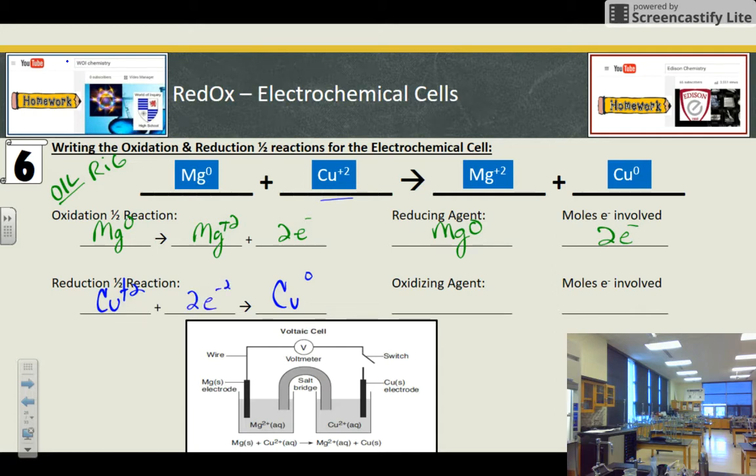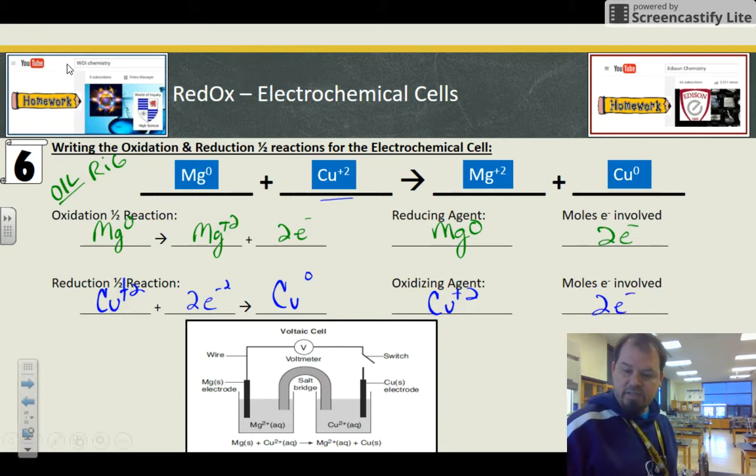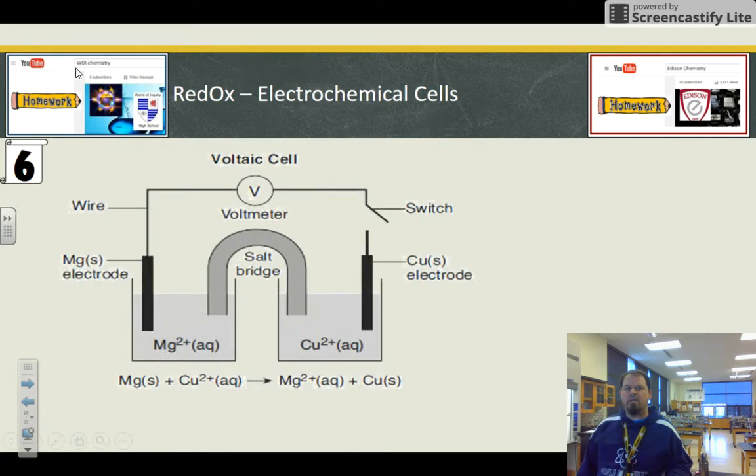The oxidizing agent is the thing that's being reduced. Cu+2, how many moles of electrons? 2 moles of electrons. So this is applying those half reactions to the actual cell itself. And then we are done, I think.